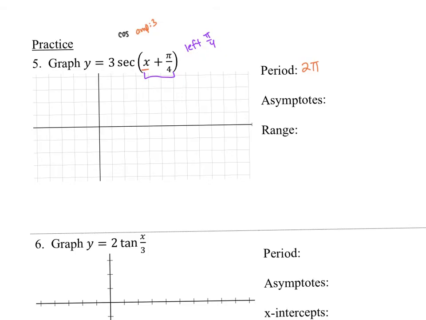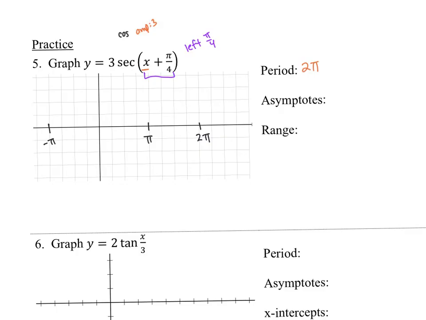I'm going to set it up like I'm graphing cosine. Since I'm going to go pi over 4, I'm going to space it by 4s. 1, 2, 3, 4. 1, 2, 3, 4. That's negative pi. Now I'm going to think about graphing cosine, and then I'll fix it so it's secant.